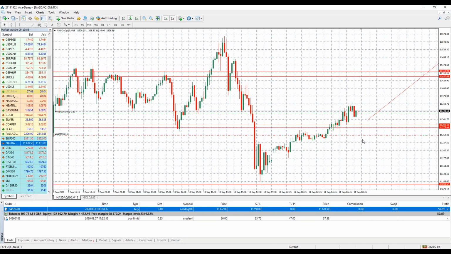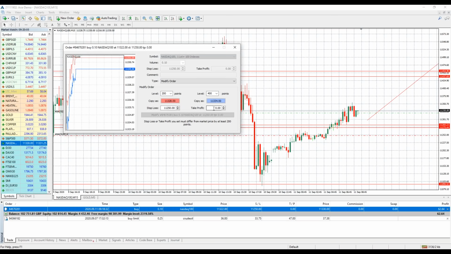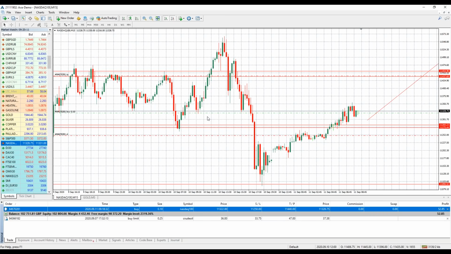I'm risking to my stop loss here, my potential profit up near this resistance, let's say 11,450 or 11,440. Let me modify, take profit, 11,440. Okay, there we are. Limited risk move, double potential profit to what I'm risking.